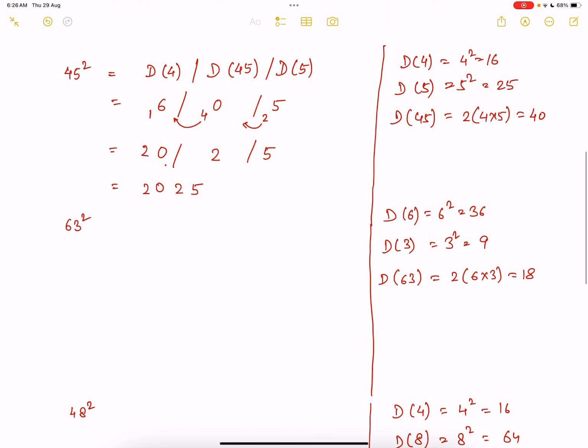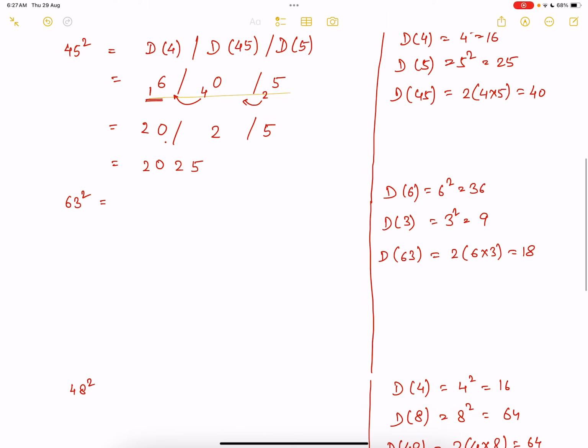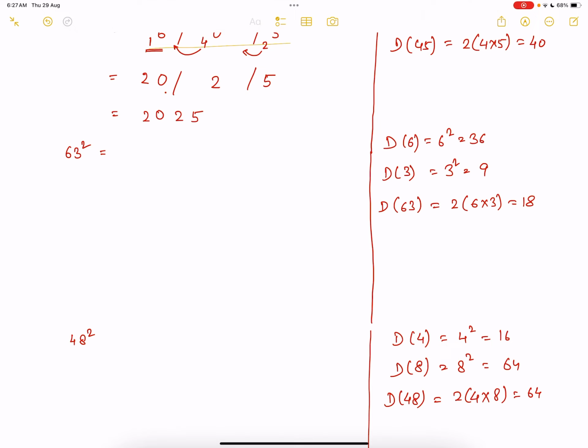If this was a little difficult to understand, you can see how the number adds. So the 16 plus 4 is actually 20. So that is something that you need to get your head around, and it will be easier for higher numbers. Now, again, 63 square.